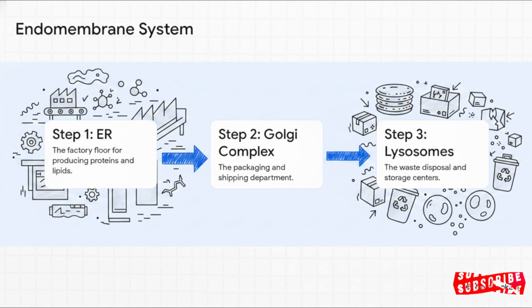It all starts at the endoplasmic reticulum, or the ER. That's the factory floor where proteins and lipids get made. From there, the products are sent over to the Golgi complex, which is like the packaging and shipping department. It sorts everything, packages it up, and sends it where it needs to go. And finally, you have lysosomes and vacuoles, which are like the cell's waste disposal and storage centers. It's an incredible, perfectly integrated system.